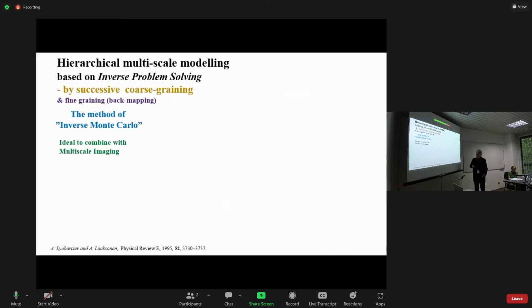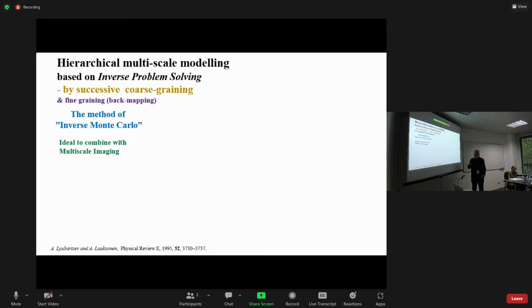So now I introduce this method which we are using, which we developed actually a long time ago. And it is based on something called successive coarse-graining. And in every coarse-graining step, we solve this so-called inverse problem.